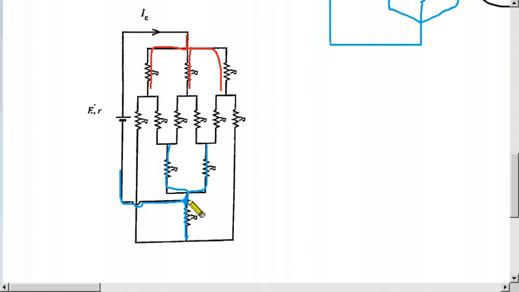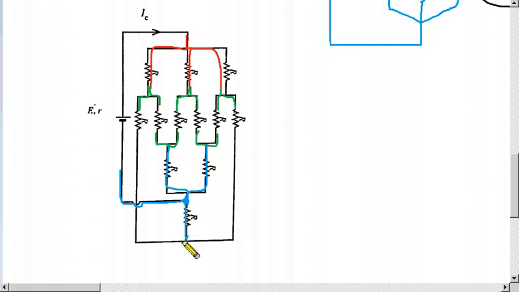There are 3 blue color resistors, and from the red color resistor there are 2 branches again as previous, and also at the end of the blue resistor there are again 2 branches.